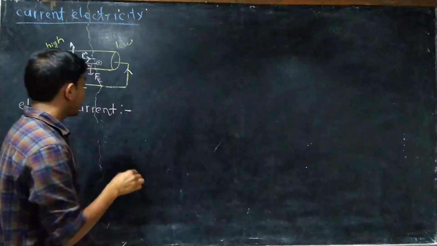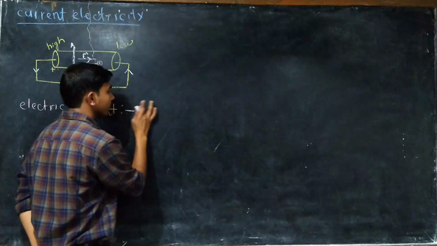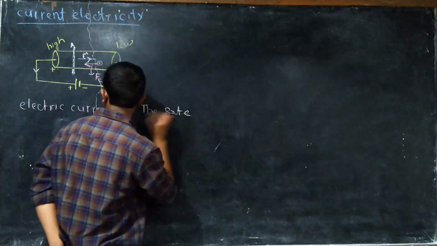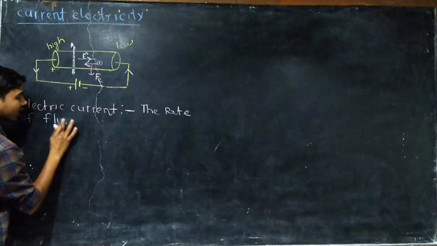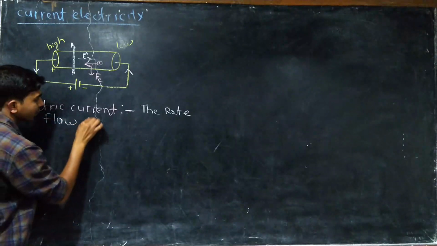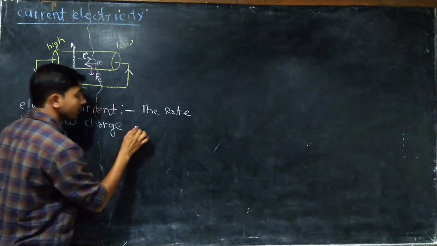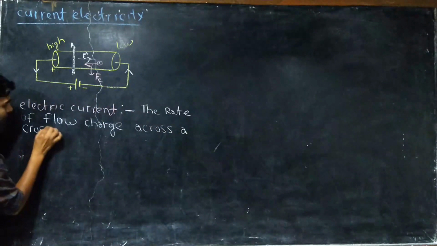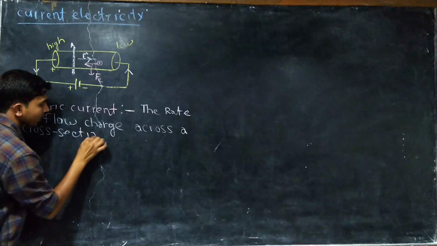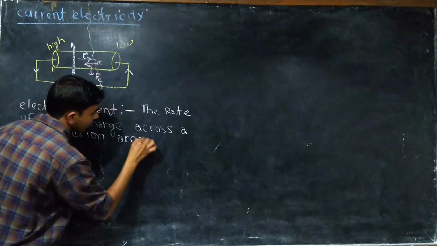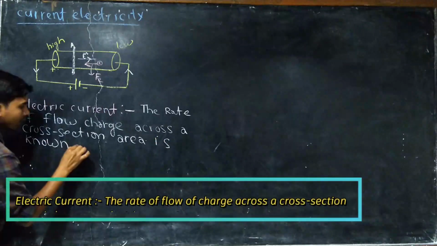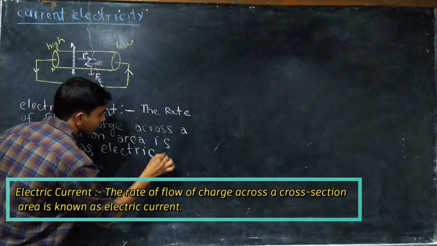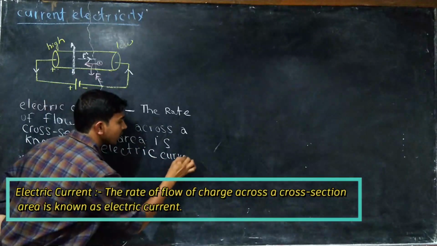Electric current is the rate of flow of charge across a cross section area. This is known as electric current.